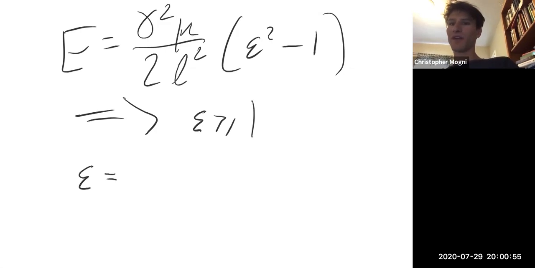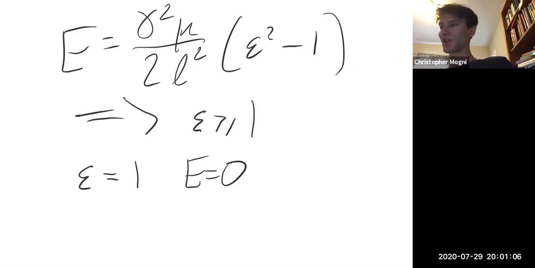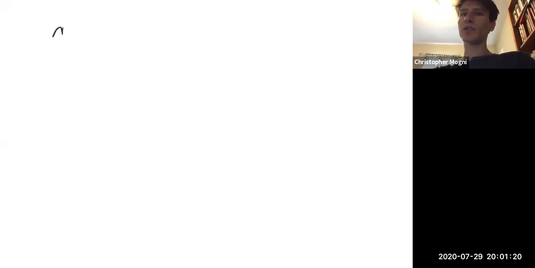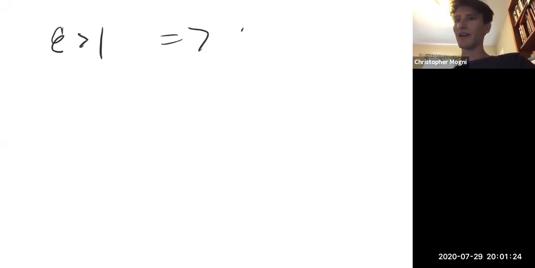Now, for this problem, if epsilon is equal to 1, we have the energy is equal to 0. This is the same as what you've seen in the book for showing that you'll get a parabolic trajectory. The problem has asked us to only consider cases in which E is greater than 0 and show that those are all hyperbolic trajectories. Now, the only other case is epsilon is greater than 1, and that implies that E is greater than 0.